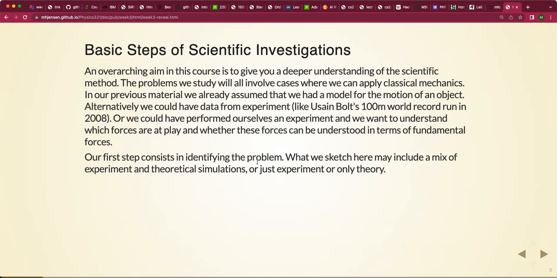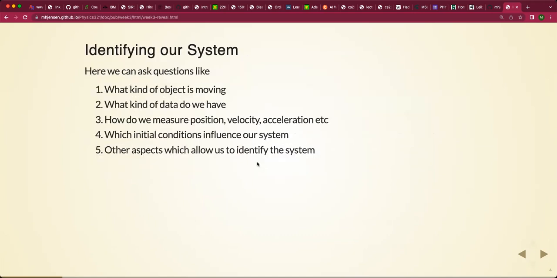And these kinds of steps are the typical steps which we always end up doing when we do science, whether this is mechanics or quantum mechanics or electromagnetism, etc. So in this course, we are going to deal mainly with point objects.